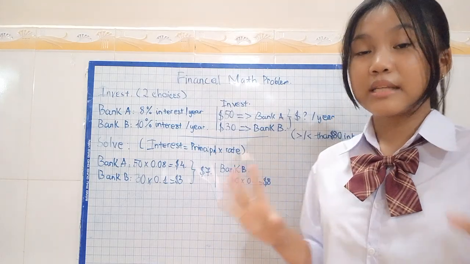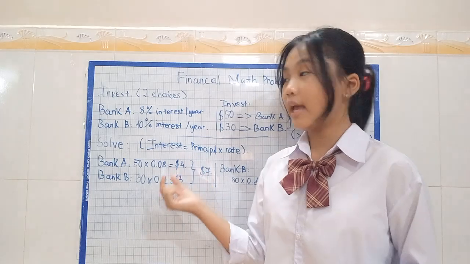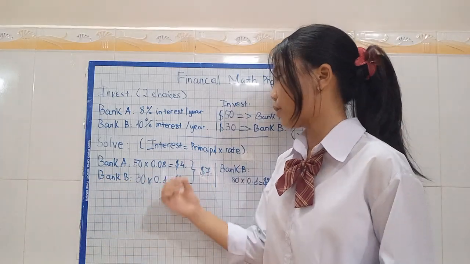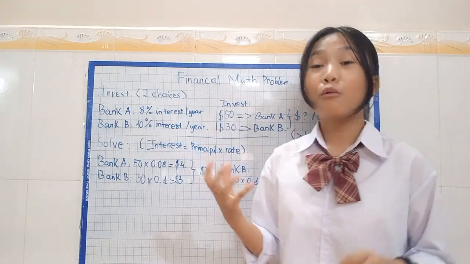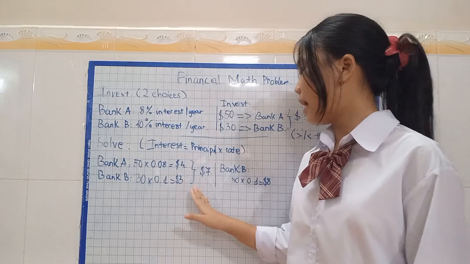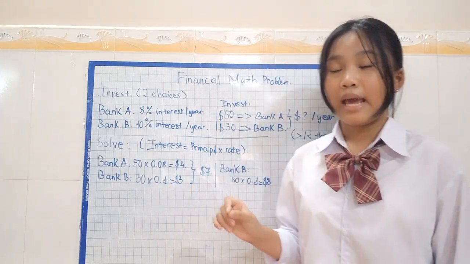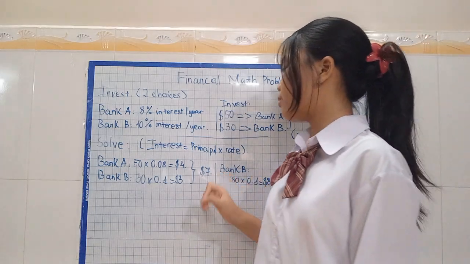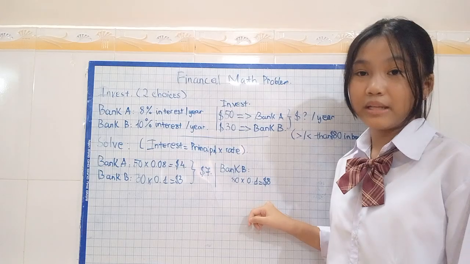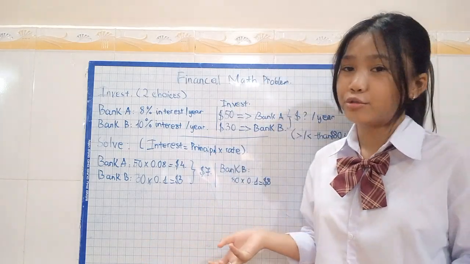Now, let's come up with our solutions. We've got $7 in the first way of investing, and $8 in the second way of investing. We don't even need to think a lot, because straight away we can see that $7 is less than $8. So if we invest the $80 straight into Bank B with its 10% interest rate per year, we would benefit by about $1 more, but a penny is worth a fortune, right?